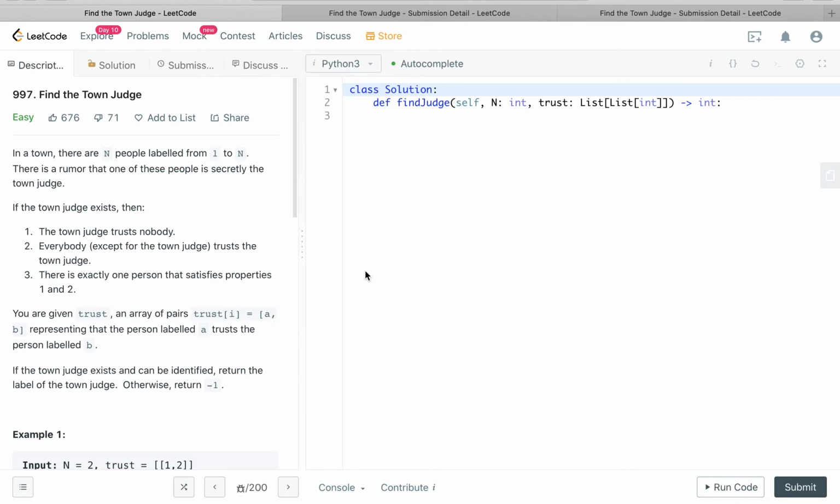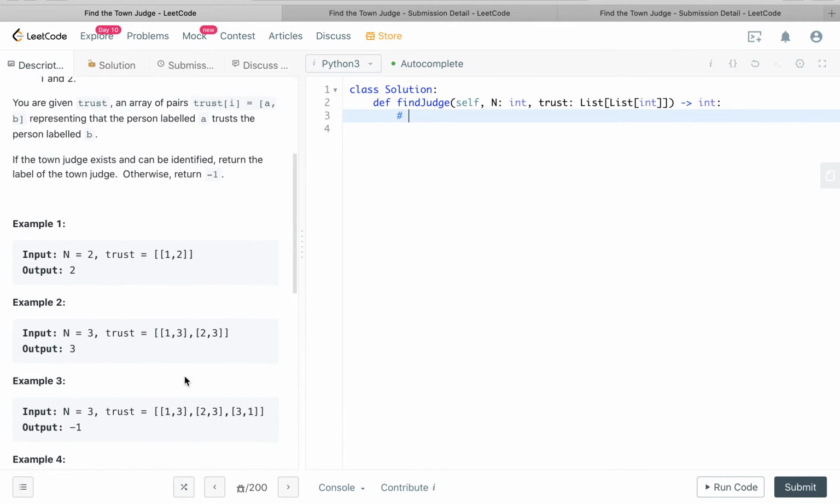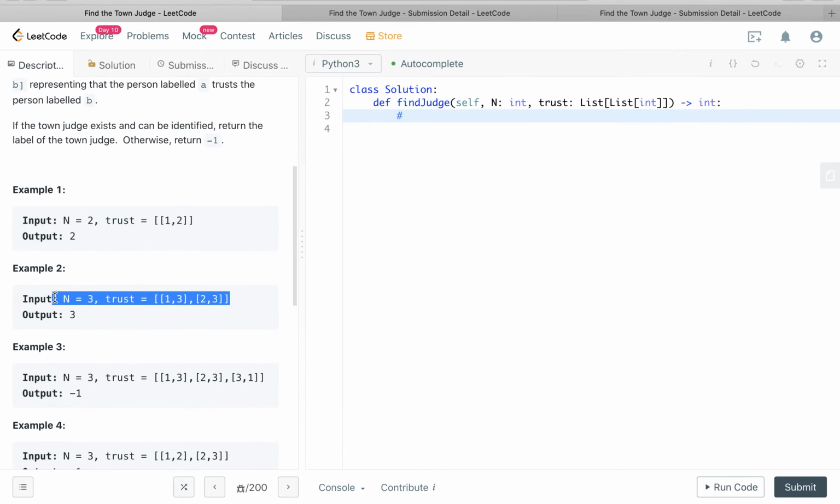So basically for the solution to the question, we are going to set up an array, which we can call count array, and the size is going to be n plus 1. I'll just write it here and explain to you. Let's see this example.